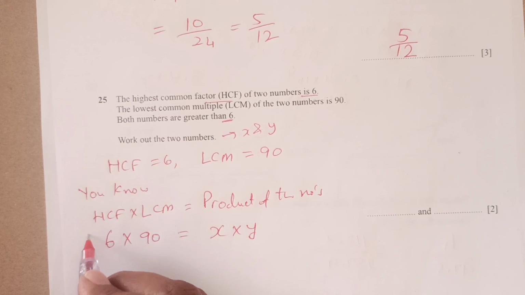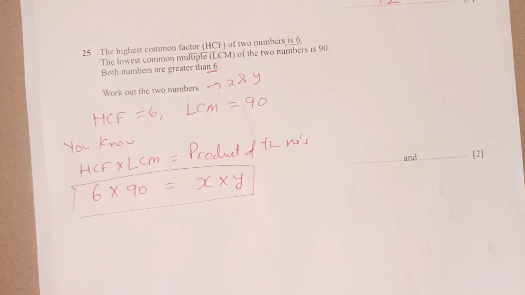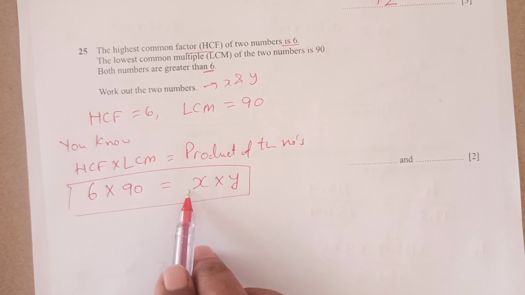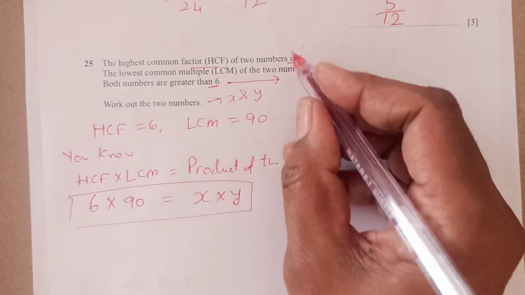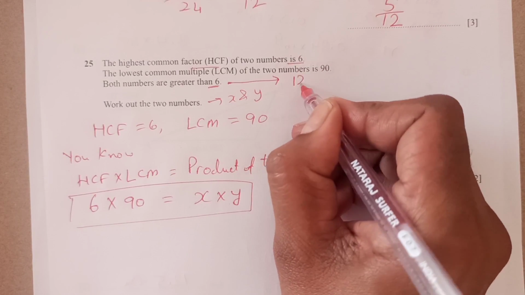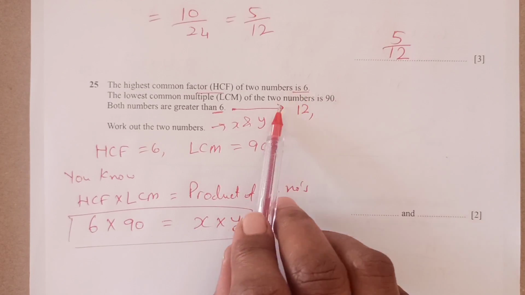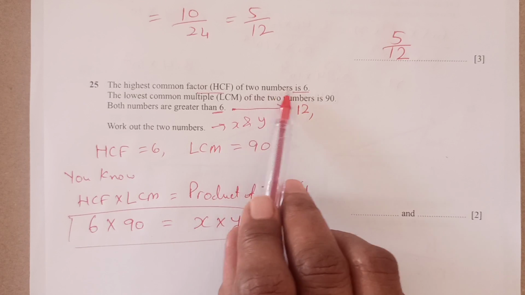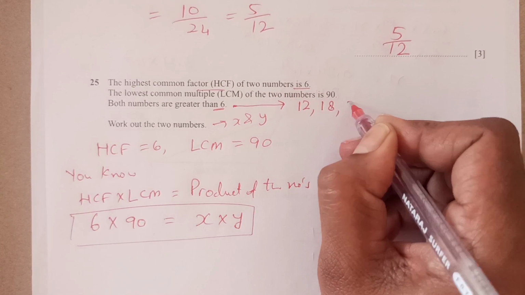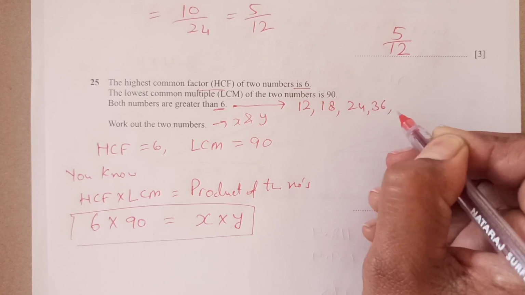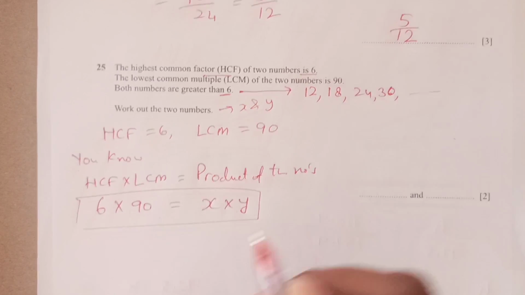Now here you have to use a trial and error method, because we don't know both of the numbers, but we have a clue here: both numbers are greater than 6. So a number may be 12, but they should also be multiples of 6, because their HCF is 6. So 12 may be one of these numbers, and we can try all these numbers.